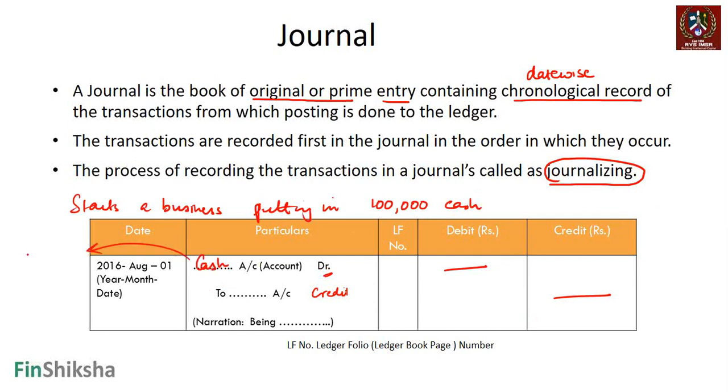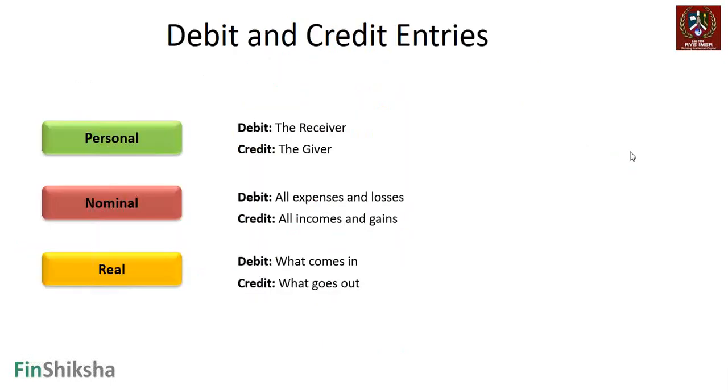Also, cash is a real account, correct? We read about real, nominal and personal, and in a real account, debit what comes in, right? We remember this just to ensure that we remember this. We can take a look at this, and we say what comes in gets debited.